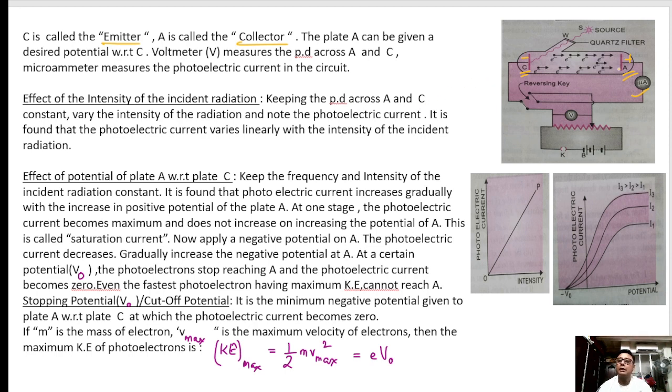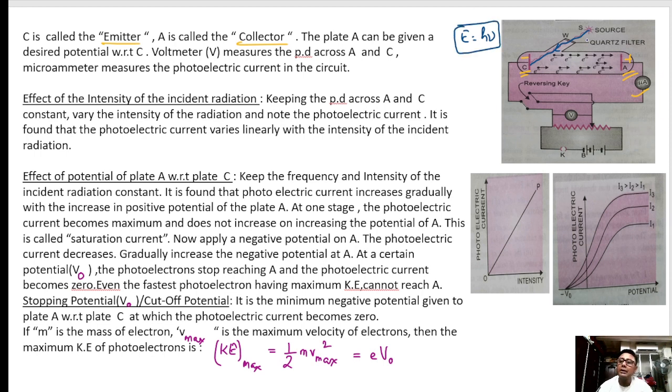Now what happens? You can watch here, an incident light is falling on the metal surface C, that is the emitter. After this we can see the electrons are coming out, and each electron has an energy h nu, because they are treated as packets of photons.